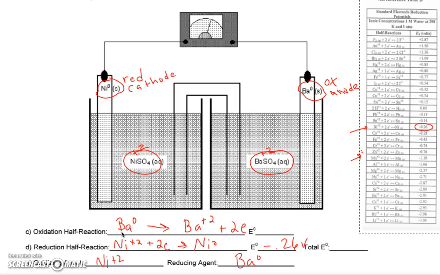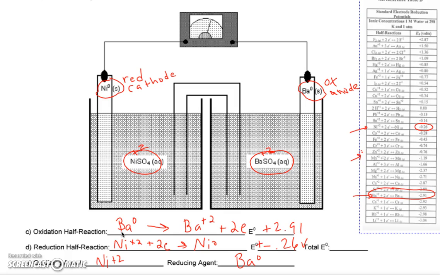Now we have to find the barium oxidation reaction, so we have to look at it in reverse. We're looking for barium 2+ turning into barium 0, and it is towards the bottom of the reference table. It is right here. Because this is written as reduction, but we really want to see it as oxidation, we just have to flip the sign. So instead of negative 2.91, this becomes positive 2.91.